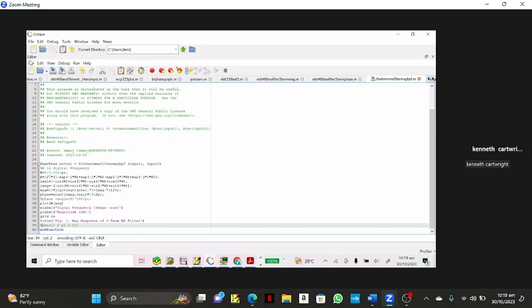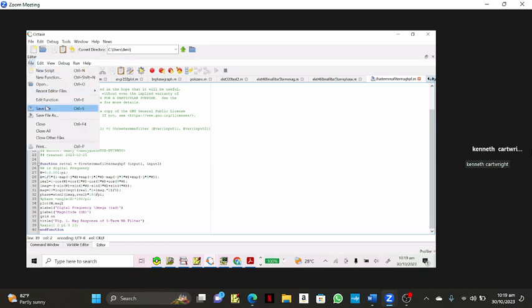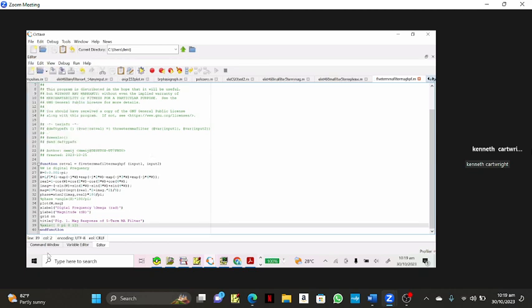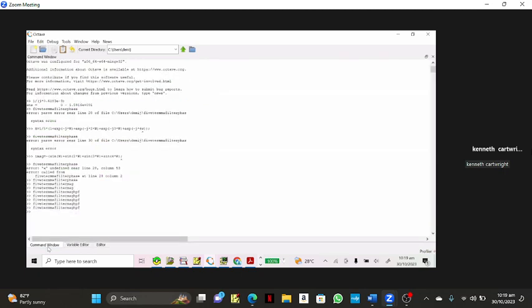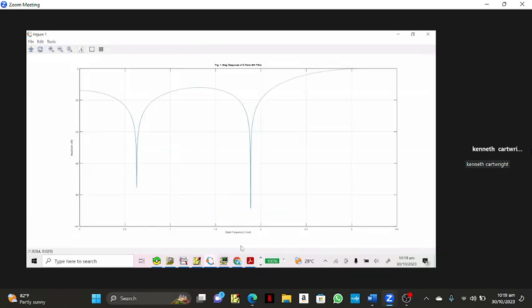And save it. And try it again. There it is. That's the dB plot. And we notice here that that's 0 dB, as it should be.